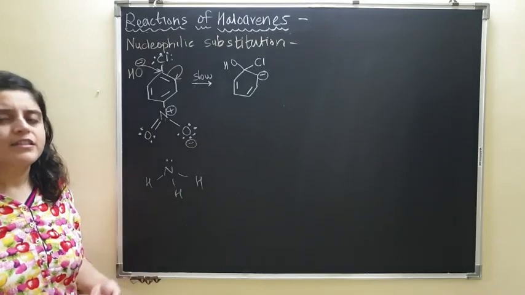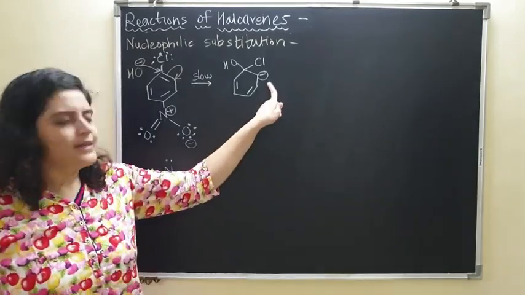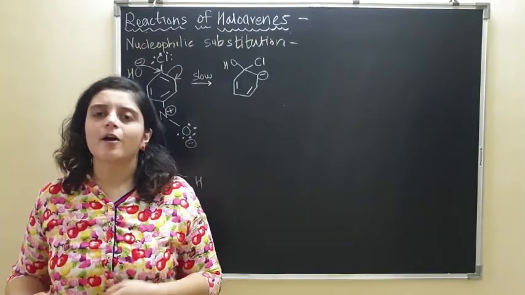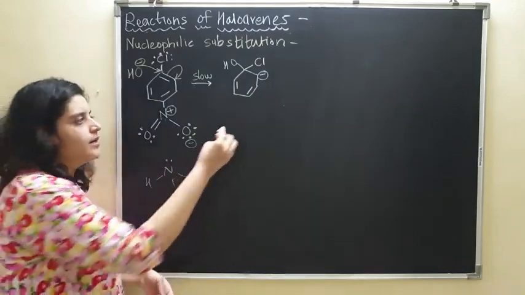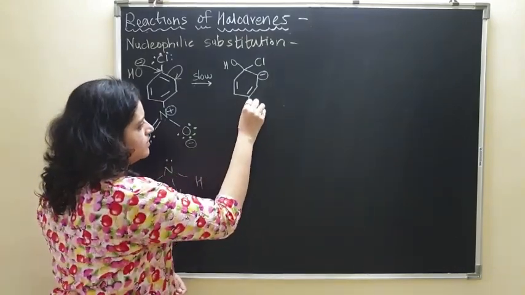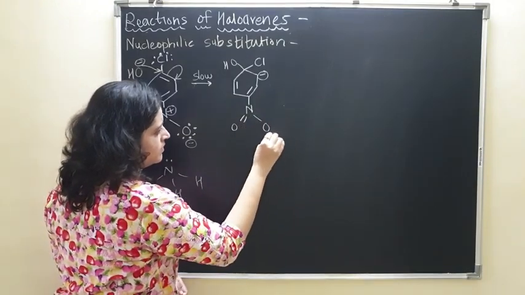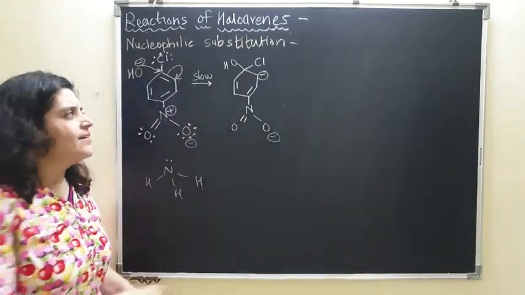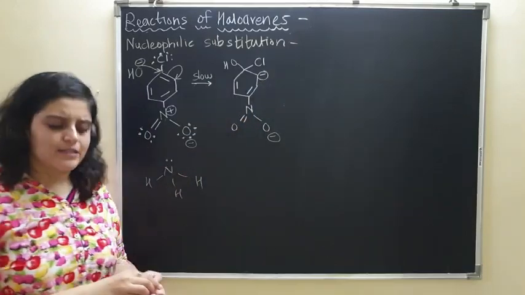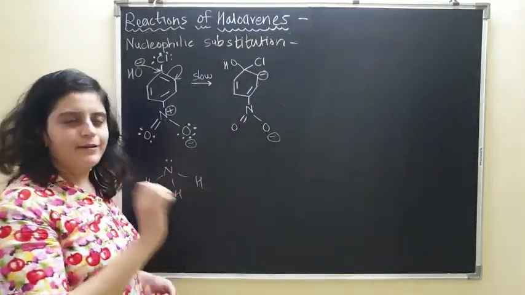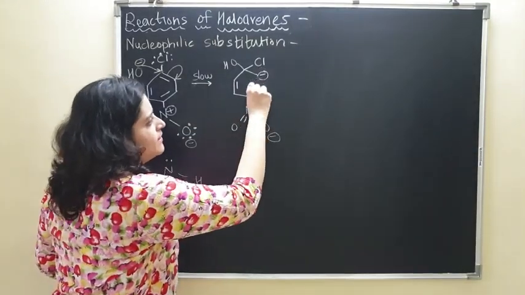But as we have discussed in the previous video, these electrons have to go in the conjugation of the entire structure. So for that reason, again these electrons will shift over here. Let me draw it a little better.